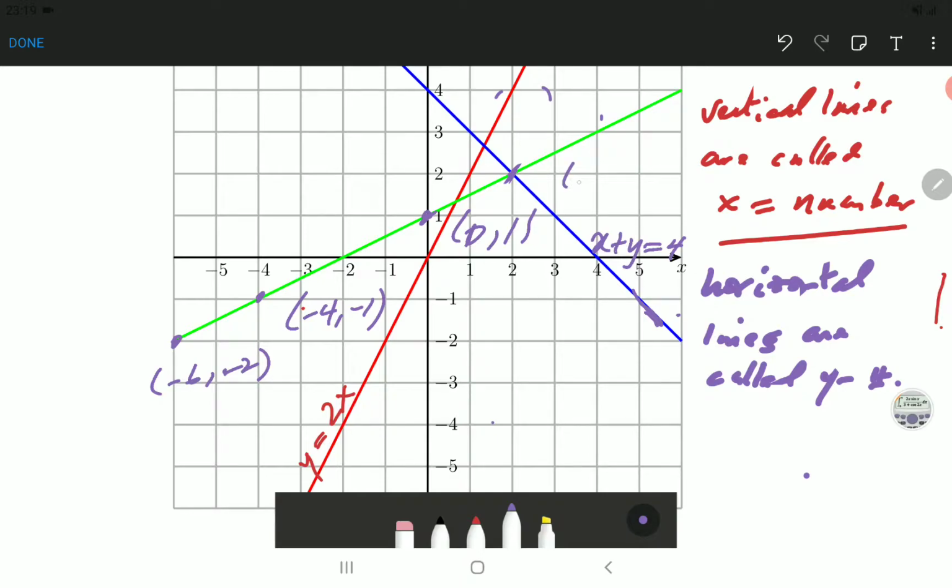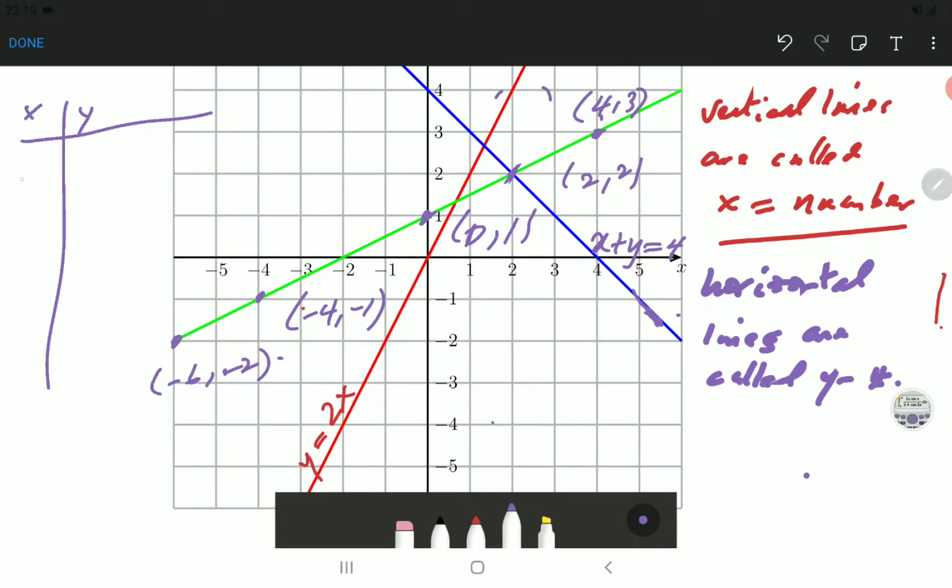Here we have 2, 2, and there we have 4, 3. Again, I'm going to tabulate them here so that we can start to look through to see whether there are any patterns.